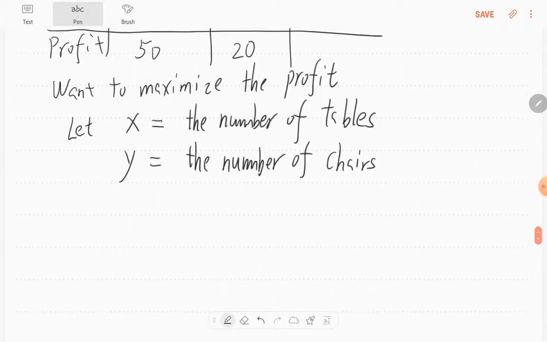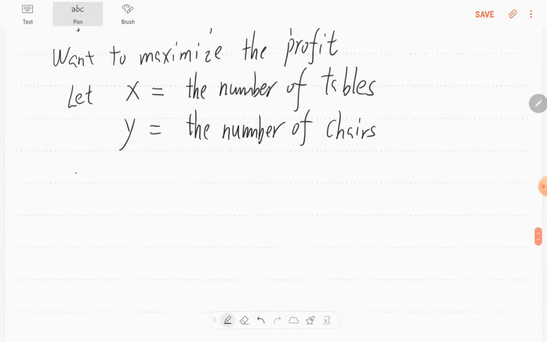Okay, and we want to maximize. So now let's set up the linear programming problem. We introduce the two decision variables, x and y. X is the number of tables, and y is the number of chairs.